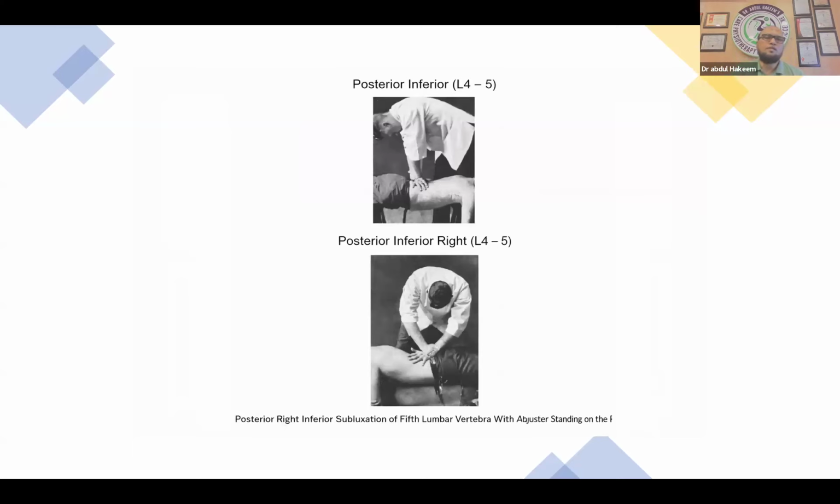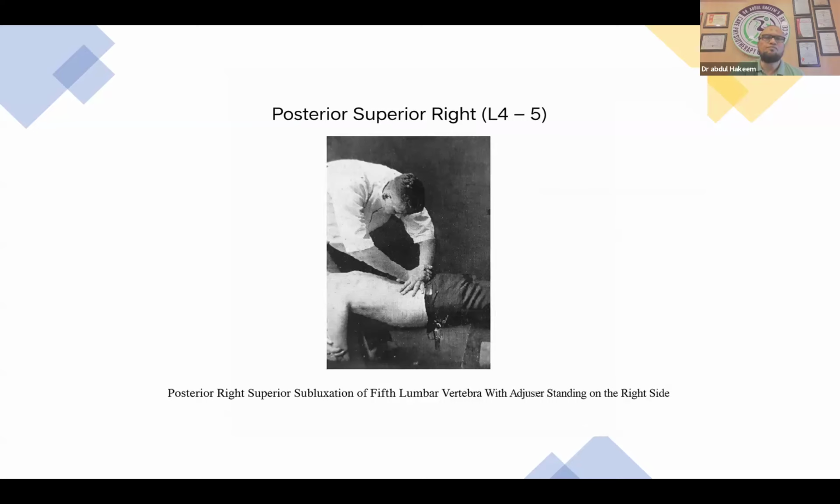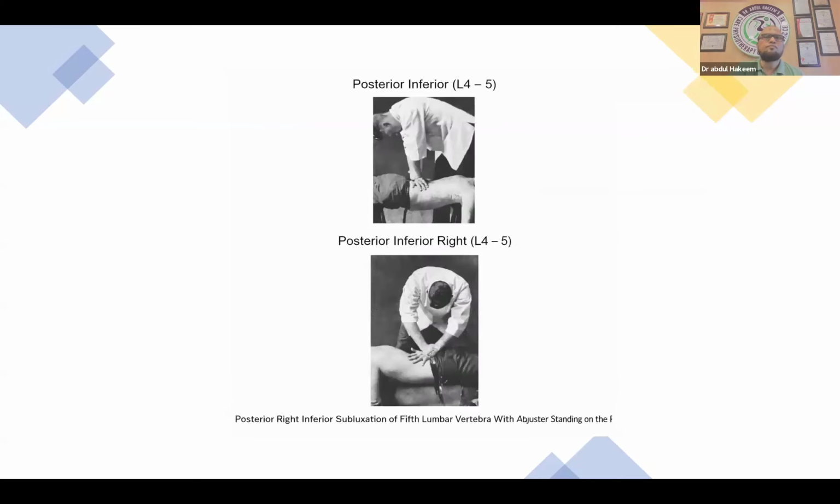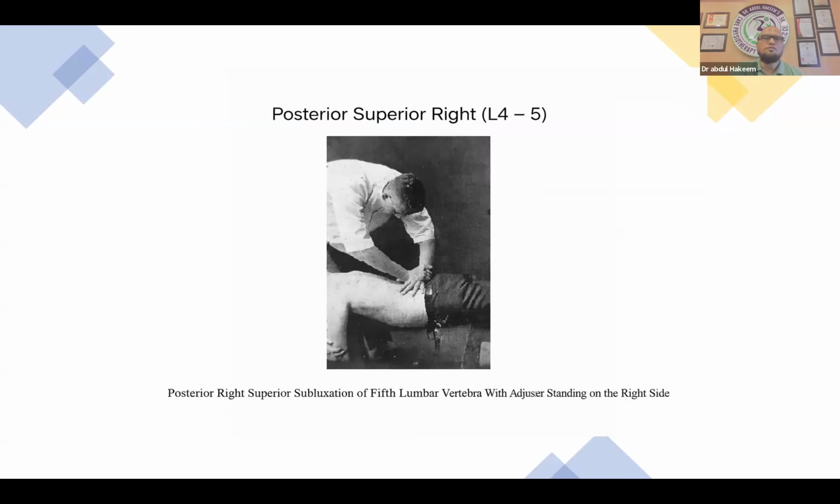Then after palpation, you have to go for the correction depending upon the listing of the vertebral subluxation. This is for PI, posterior inferior, L4, L5, posterior inferior right. This is the gauntlet arch.